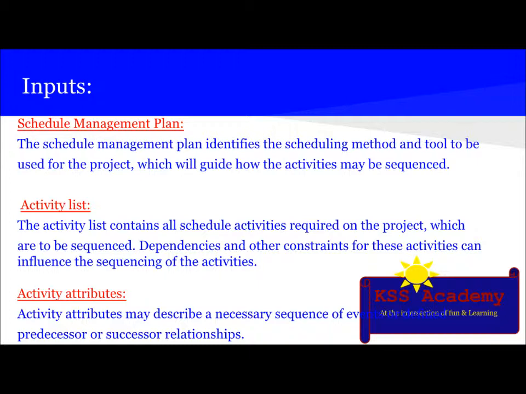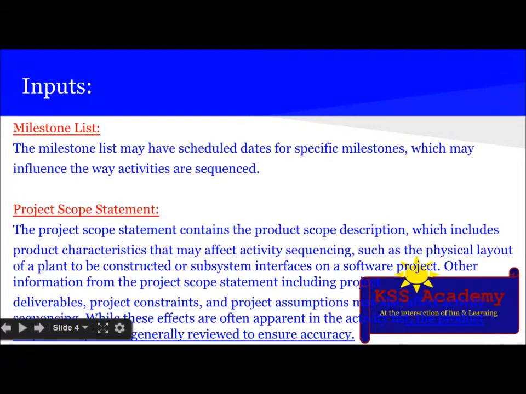Activity attributes may describe a necessary sequence of events or define a predecessor or a successor relationship. Milestone list: the milestone list may have scheduled dates for a specific milestone which may influence the way activities are sequenced. Project scope statement. I have already spoken about the project scope statement in detail in the past.